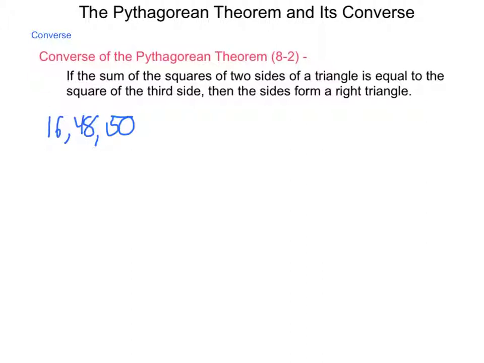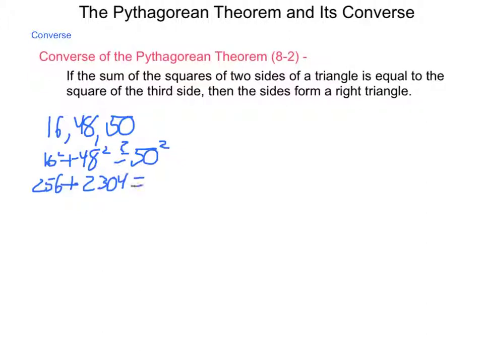Well, if this is going to be a right triangle, the largest side, 50, would have to be the hypotenuse. So we need to say 16 squared plus 48 squared, and we want to know, is that equal to 50 squared? Well, going through and doing a little bit of arithmetic, 16 squared is 256, 48 squared is 2,304.